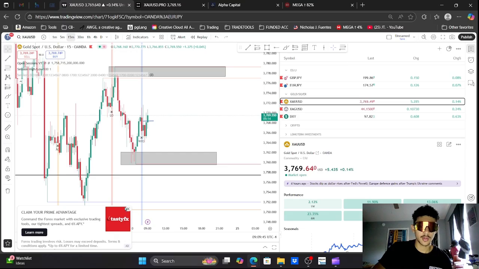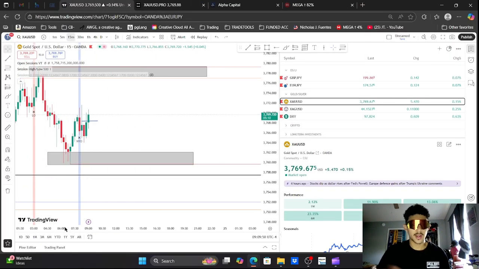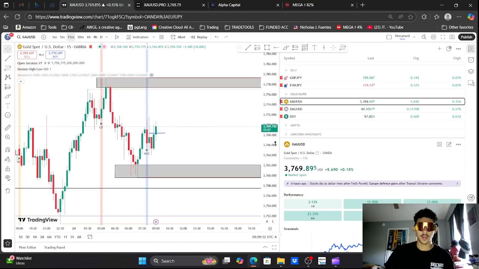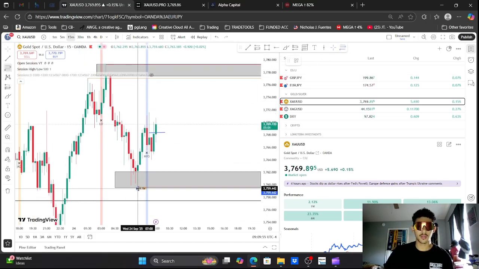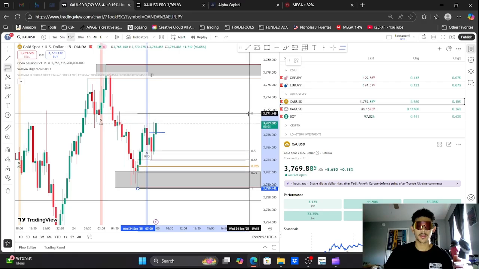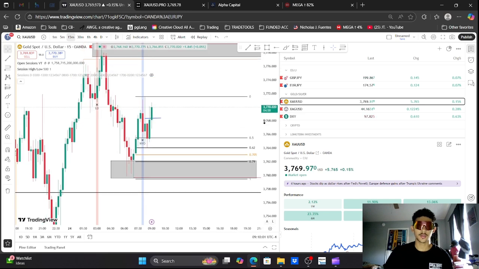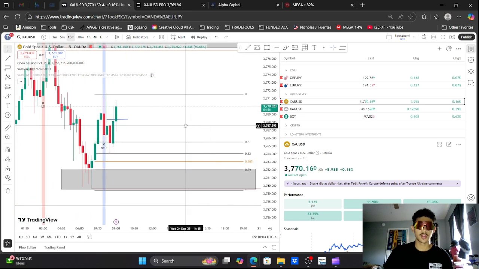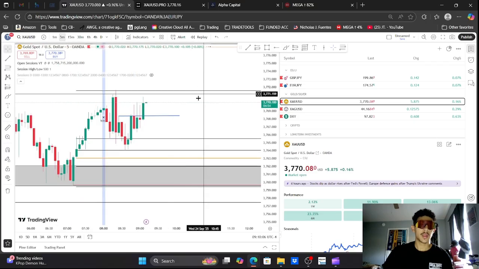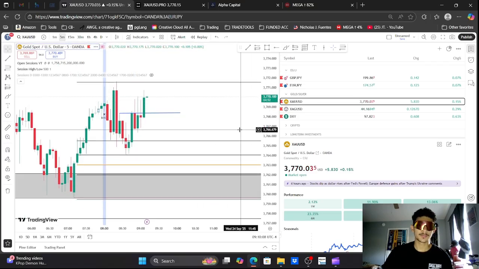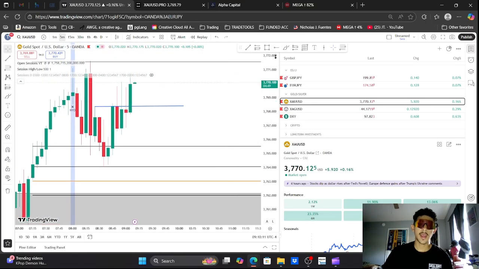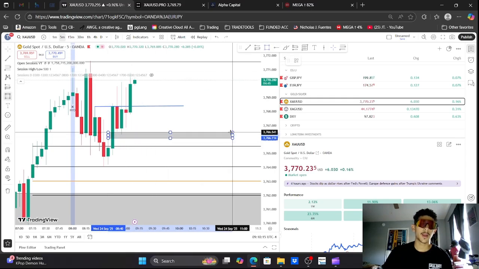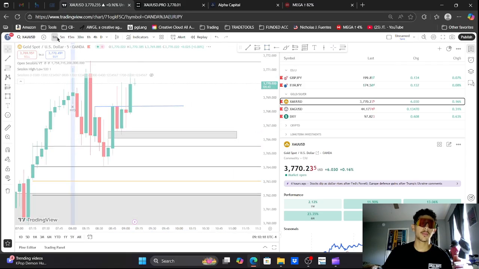Then if we scale down and mark out the Fibonacci on this little push up right here, we also got a retracement into the 0.62 level. We have a 5-minute break. We also have a fair value gap getting reacted off of.